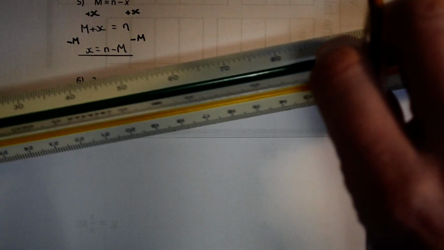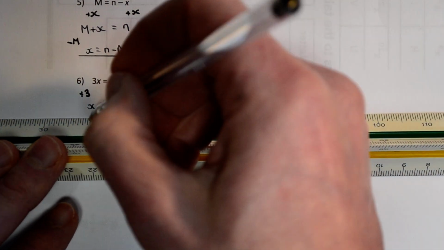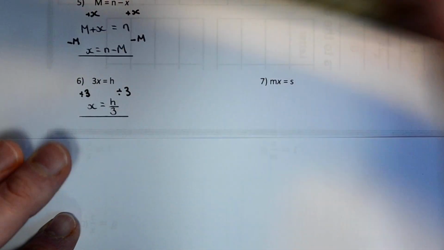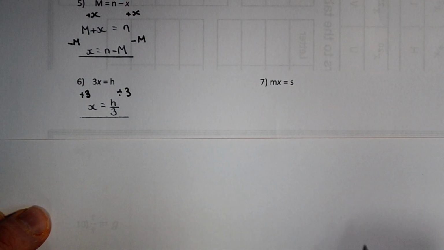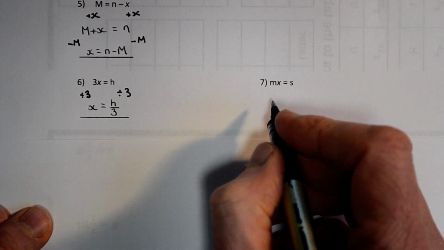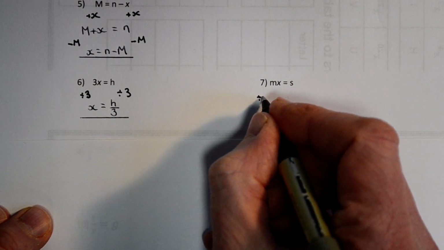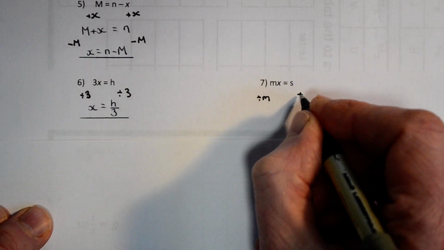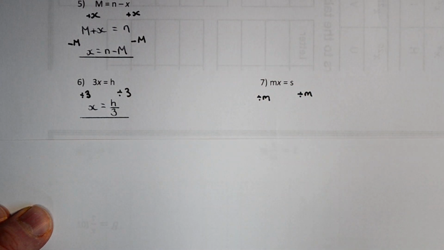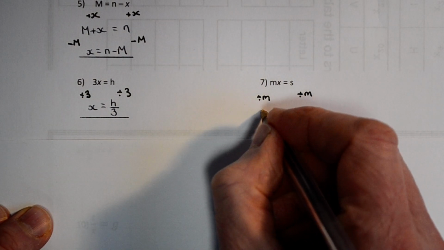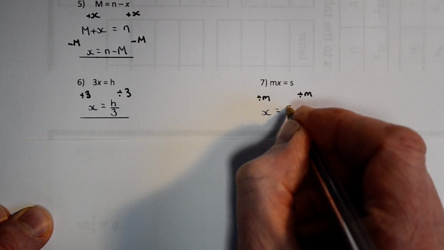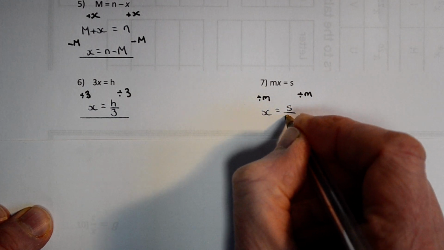And there's our answer. This time we've got a letter multiplying by the x, so we'll divide by the letter. Cancels out the m on the left, on the right s divided by m.